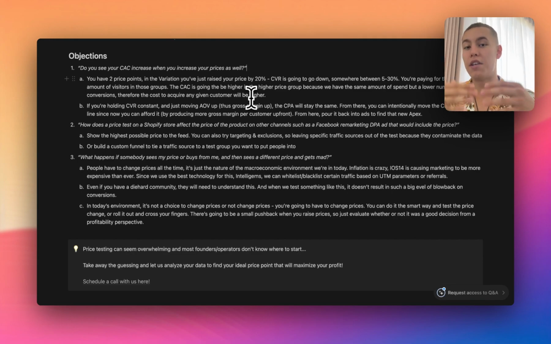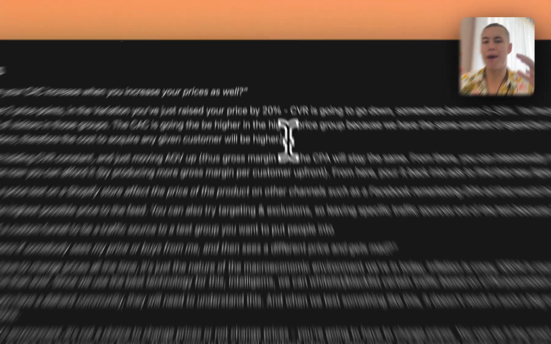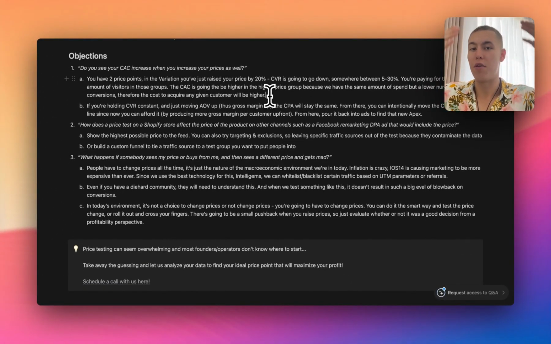And because it's a split test, you're paying for the same amount of visitors in these 2 groups, the control and the variation, right? And the CAC is going to be higher in the higher price group because we have the same amount of spend coming to the website, but a lower number of conversions because this price is higher. And therefore, the cost to acquire any given customer will be higher.